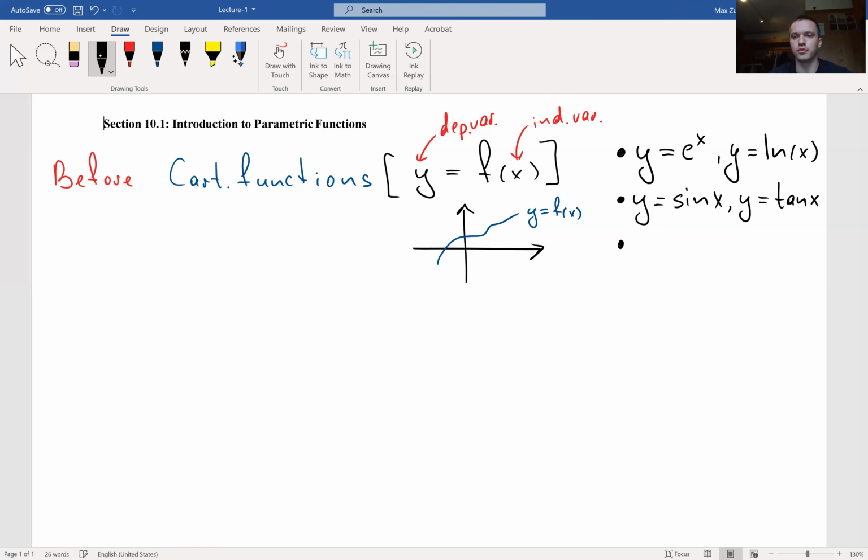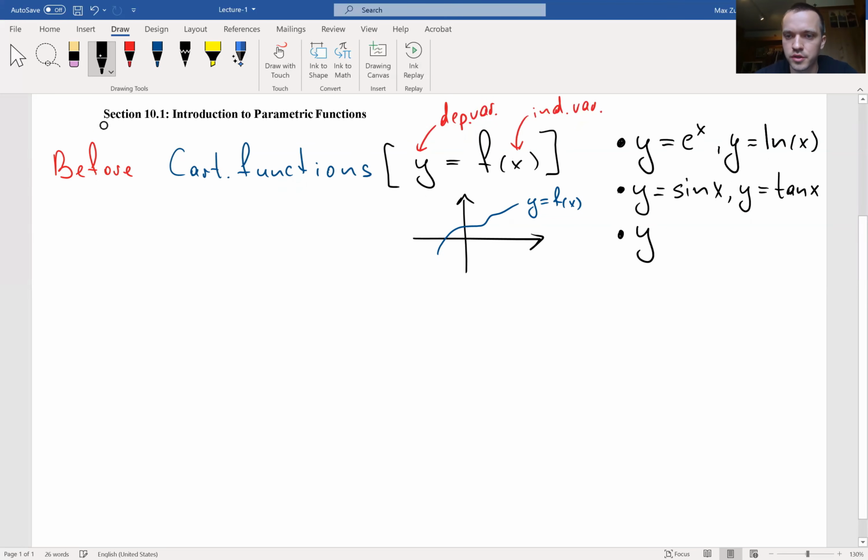For these, you probably don't need to know how to graph them, but you need to understand how to find the value of y if you know the value of x. And the standard ones, y is equal to x squared and, for example, y is equal to 1 over x.